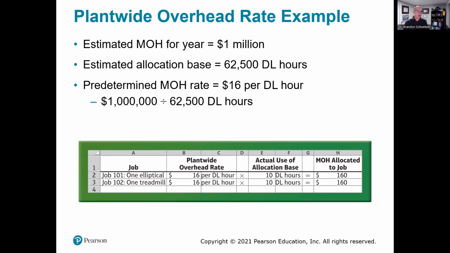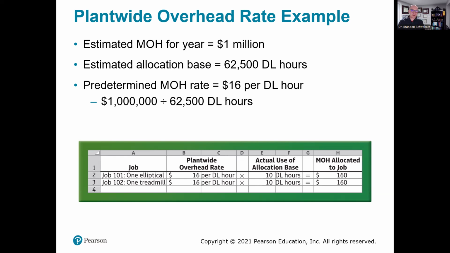And so I'd like to show you an example of how we would do that. So here we have some data, and we're plugging that data into our formula. We have an estimated total manufacturing overhead for the year of $1 million. Our allocation base is going to be our number of direct labor hours for the year. In this example, it's 62,500 direct labor hours. So we plug that in.